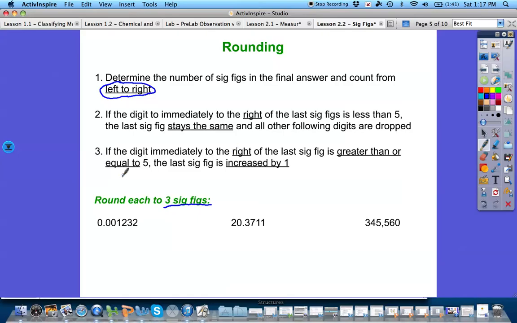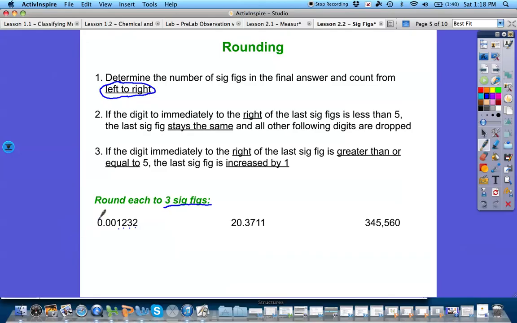So if you look at the numbers, we did our calculation. These are the numbers that our calculator gave us. So the first one is 0.001232. If we look at this to count the number of sig figs that we currently have, decimal is present, start on the Pacific or the left side. We have 1, 2, 3, 4 sig figs.